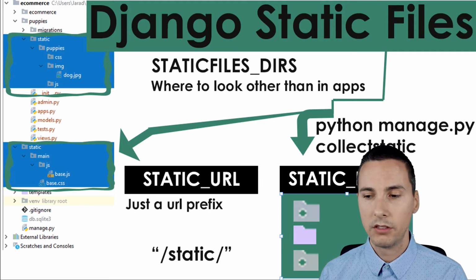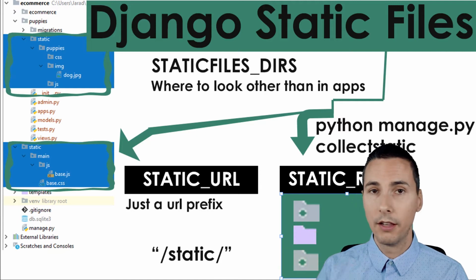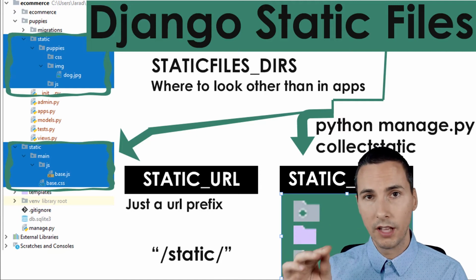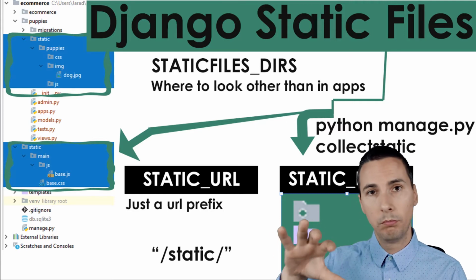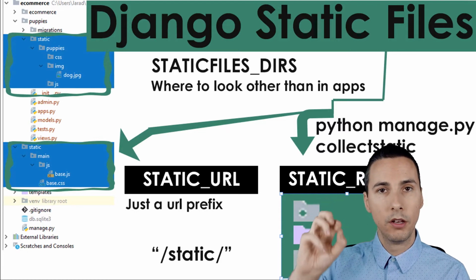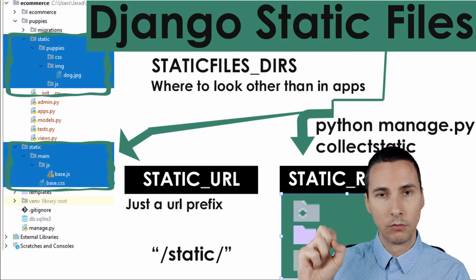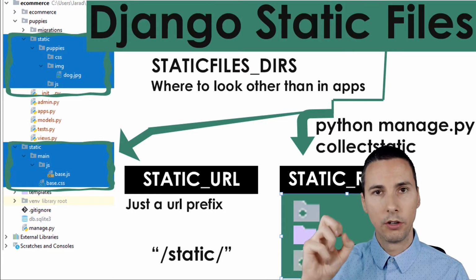What collectstatic does is it says, okay, I already know to go look inside of those apps and look for that static directory. Whatever's in there, I'm going to pull it all out and put it into one directory. One folder, one directory, that's it. Just put it into this one container.